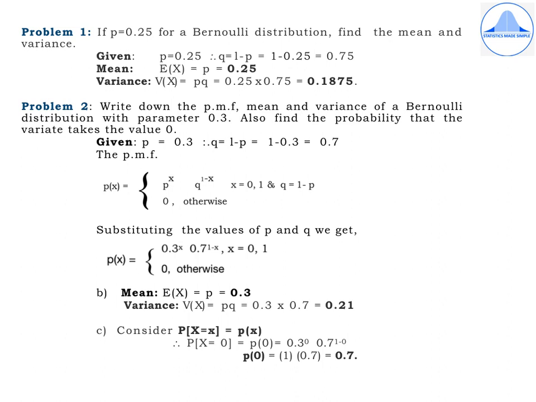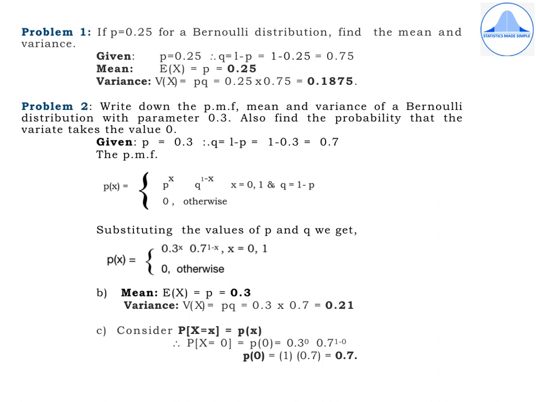Now recollect that capital X stands for the random variable. Here it is the random variate, that is the Bernoulli variate. So capital X stands for the Bernoulli variate and small x stands for the value the random variable takes. So first write the formula. Probability of capital X equal to small x is equal to P of x.